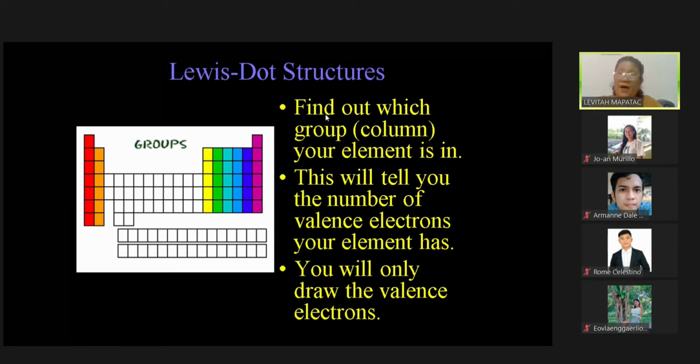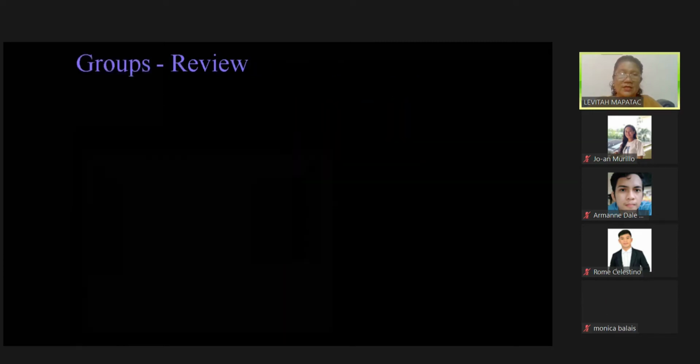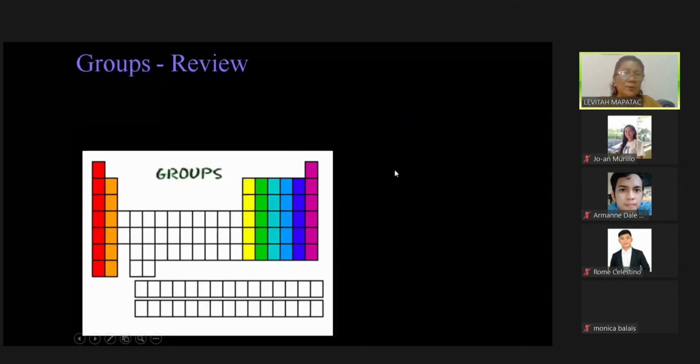So find out which group or column your element is in, and second, this will tell you the number of valence electrons your element has, and you can now draw your dots, or the valence electrons. So these are the groups as a review.